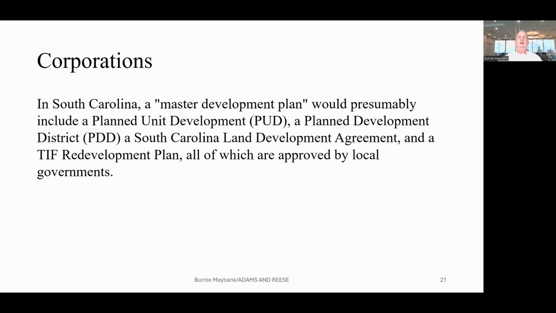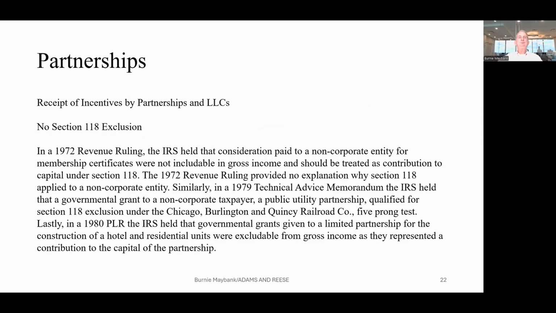So in South Carolina, a master development plan would presumably include a planned unit development, a PUD, a planned development agreement, or South Carolina land development agreement or TIF plans, all of which are approved by local governments. The IRS has not decreed that, but presumably those entities would be included under the definition of master development plan.